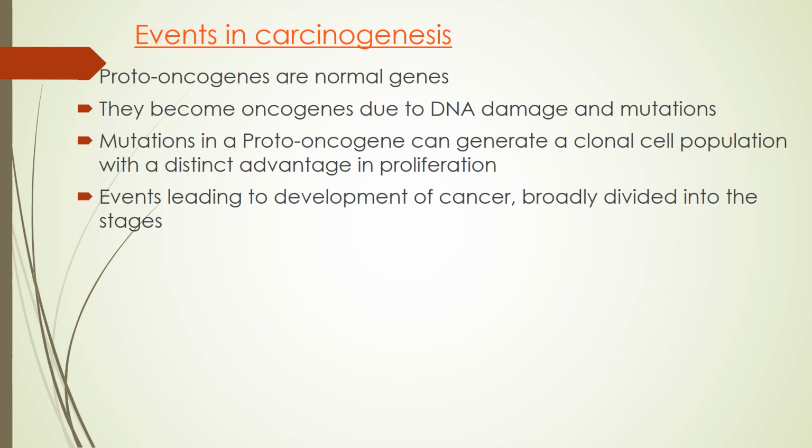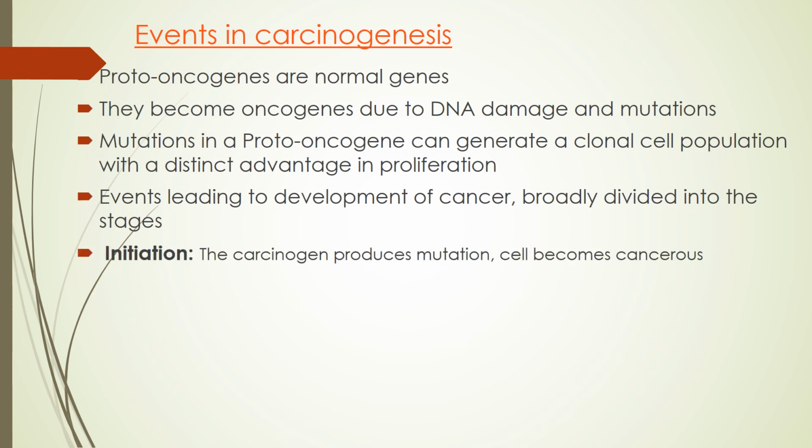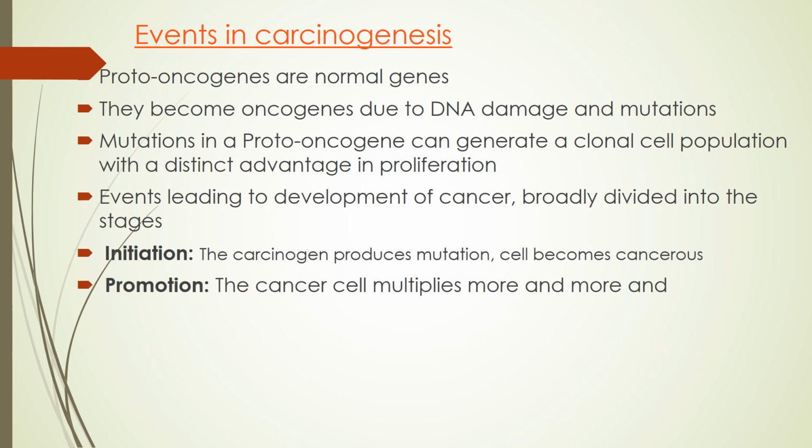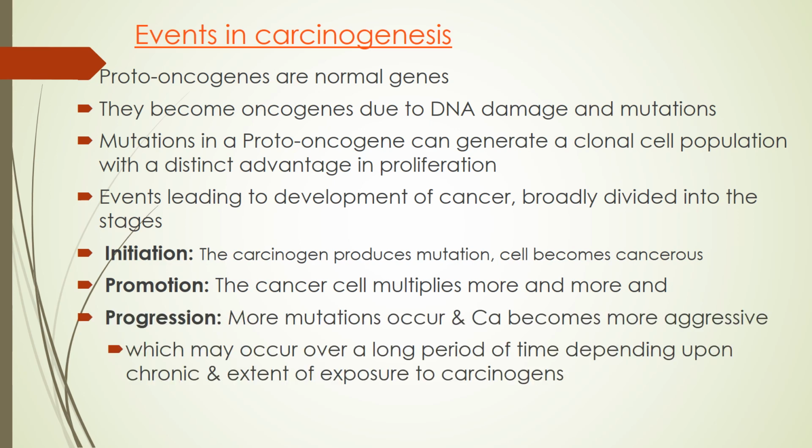Events leading to development of cancer are broadly divided into stages. The first stage is initiation: the carcinogen produces mutation, and cells become cancerous, cancer-producing cells. Promotion: the cancer cell multiplies more and more. Progression: more mutation occurs.